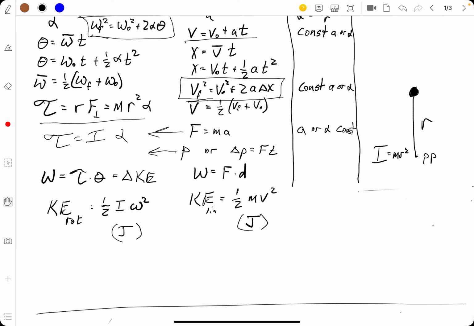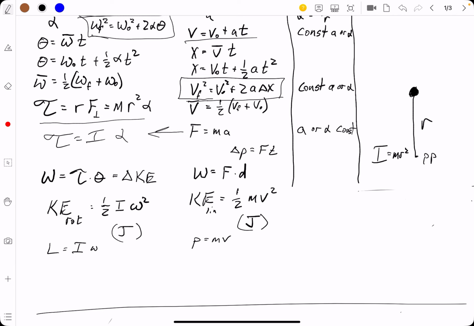All right, so our angular momentum is equal to I omega. And over here, our linear momentum, P, is equal to our mass times our velocity. Cool. Now I'm gonna do a little trick. But let's leave the delta P equals F t there.